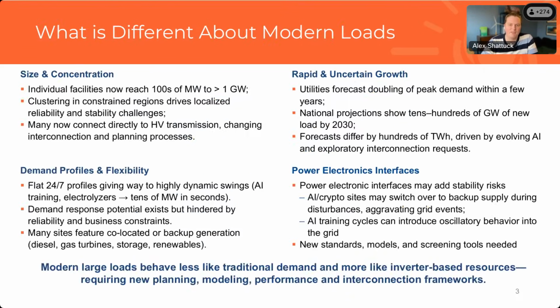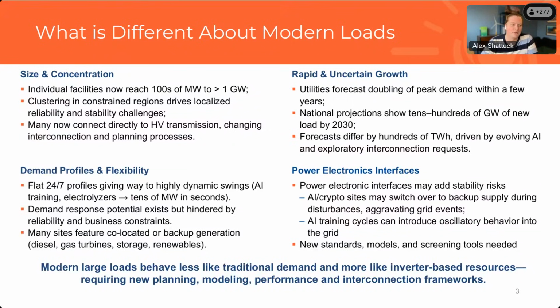So this is a lot of work, a lot of content here. It's going to get repeated, I think, throughout the presentation. So I'll go through this quickly. But the first couple questions you might hear is, we have large loads on the system already. What's so different about modern large loads? But there's quite a few major differences.